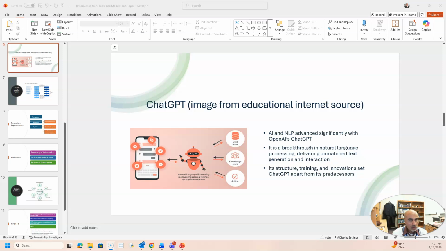So, given an example like "the bank is open on Sunday," the transformer model's self-attention mechanism allows ChatGPT to discern whether the bank is a financial institution or the side of a river, based on the context provided by the other words.